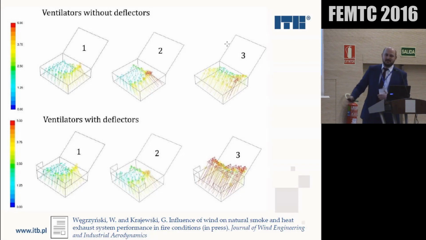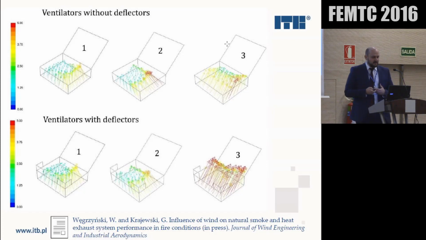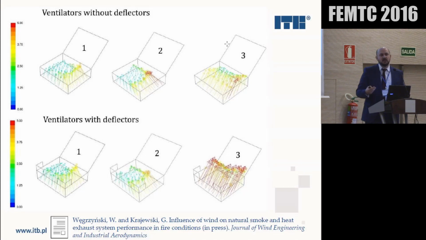When you test them in that wind tunnel, you have just one artificial condition. So you realize that there's much more to natural ventilation than you would think by just looking at the coefficients. This is why we really got into computational wind engineering and introduced it into our analysis.